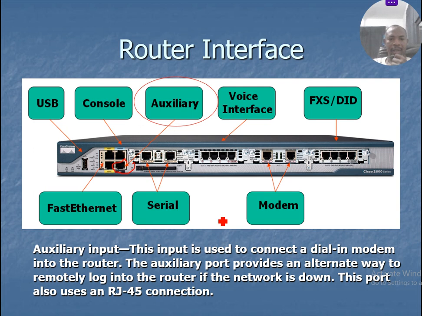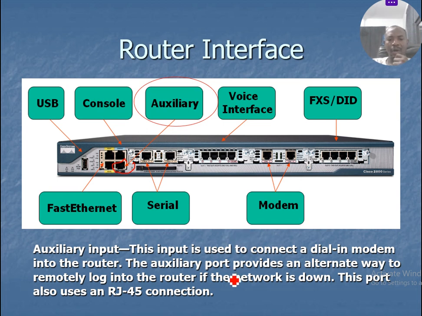It is the auxiliary. Now, what is the auxiliary input used for as an interface in a router? The auxiliary is used to connect a dial-in modem into the router. Now, what is a dial-in modem into a router? An auxiliary port provides an alternative way to log into the router whenever the network is down.